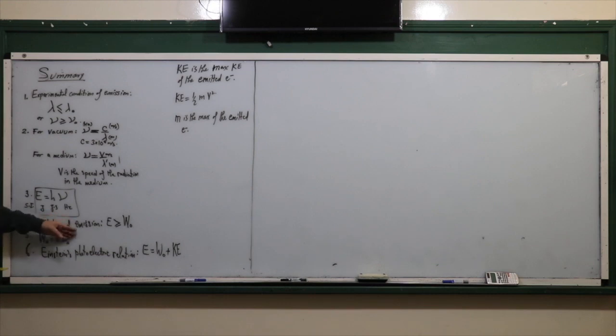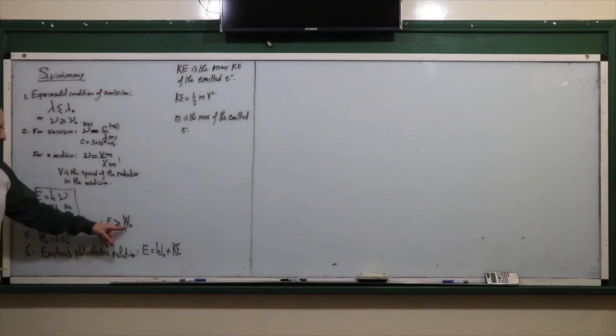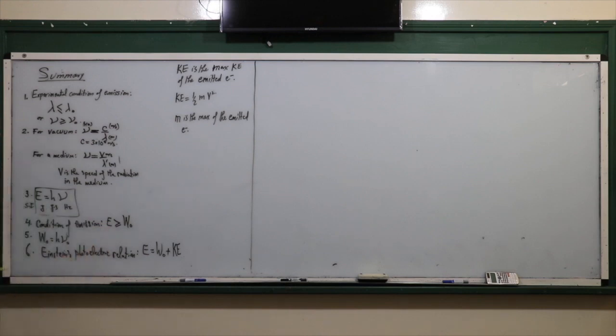Condition of emission from the point of view of energy: the energy of the photon should be greater than or equal to the work function of the metal. W, the work function of the metal, is related to the threshold frequency by the formula h nu node. Also here, h is in joule times second.